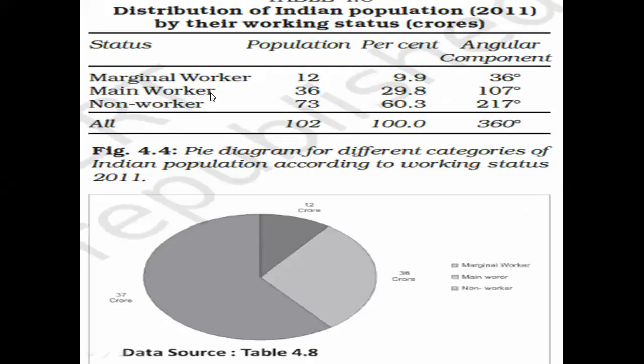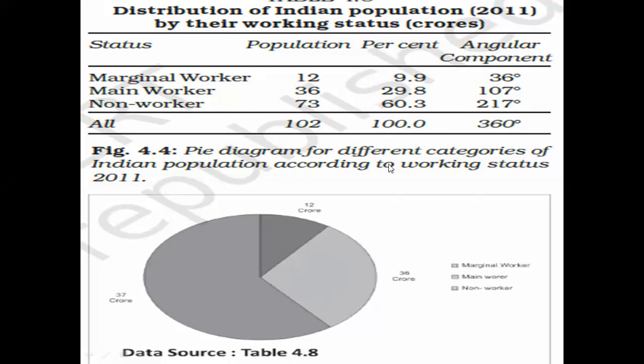So here the distribution of the population by working status. There you can see the marginal workers, in the population 12, percentage 9.9, angular component 36. So you can see here 36. Main workers 29.8%, and non-workers 60.3, right?